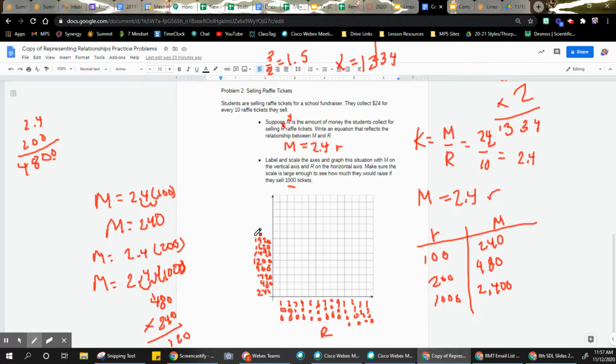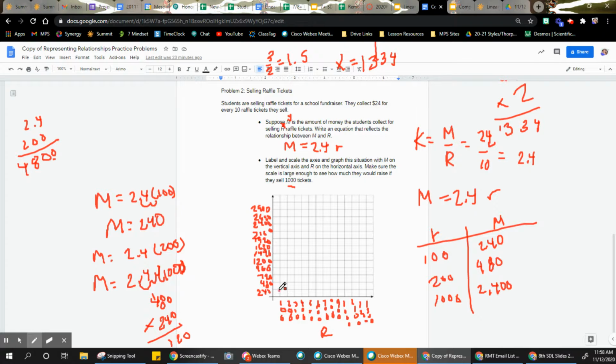And then 2,000 will be my next one. 2,160. Then 2,400. Then 2,640. Then 2,880. And from there, I can graph my point.